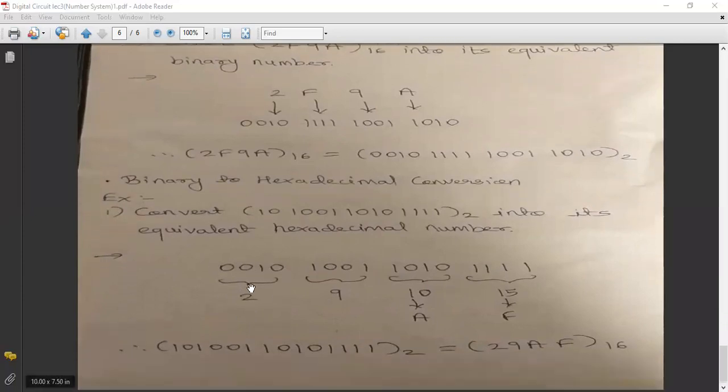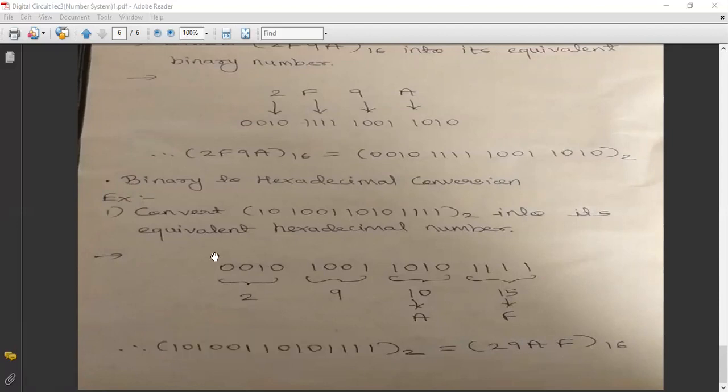Okay, so let us begin. 0010 is nothing but 2. 1001 is nothing but 9. 1010 is nothing but 10, that is in hexadecimal form, it will be A. 1111 is 15, in hexadecimal form, it will be F. Therefore, 101 0011 1010 1111 to the base 2 is now converted into 29AF to the base 16.